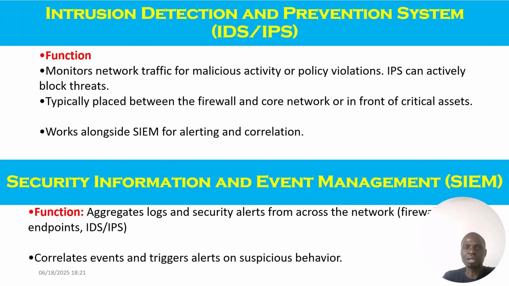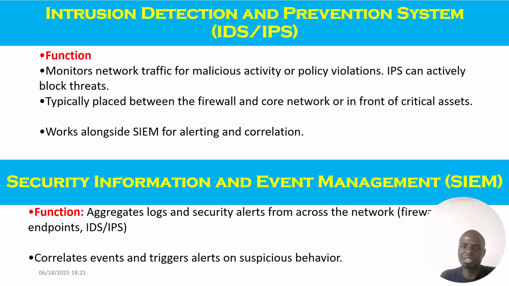And intrusion detection, IDS and IPS, their work is to monitor network traffic for malicious activity and policy violations. IPS can actively block threats, and typically they are placed between the firewall and the core network or in front of critical assets.